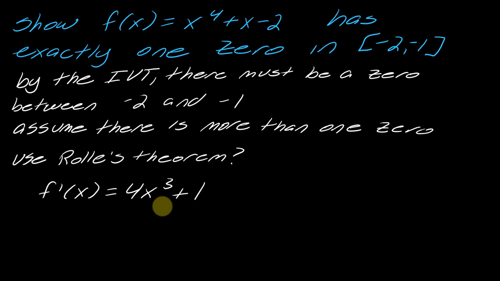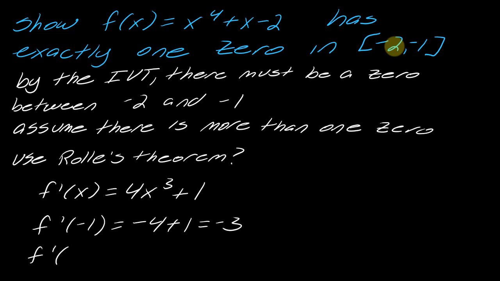So now we got to think about what we know about derivatives. What can I say about the derivative on this interval here? Can we say anything? Well, let's just take a look. Let's do a little exploration here. What will this equal? f prime of -1 would give me -4 plus 1, so this is -3.